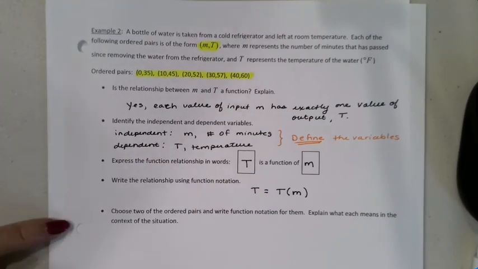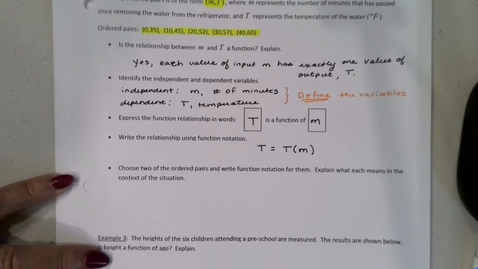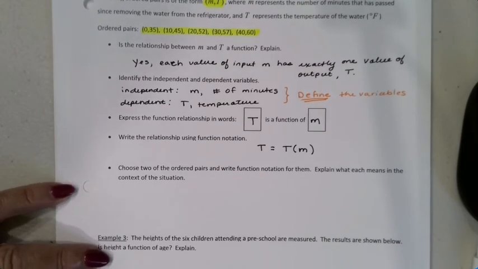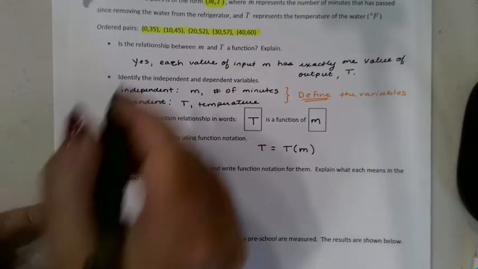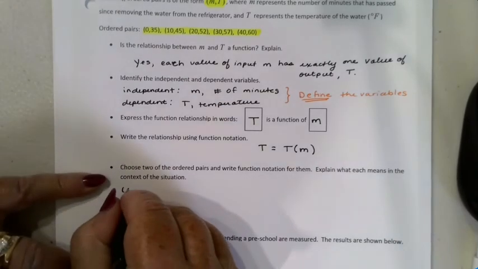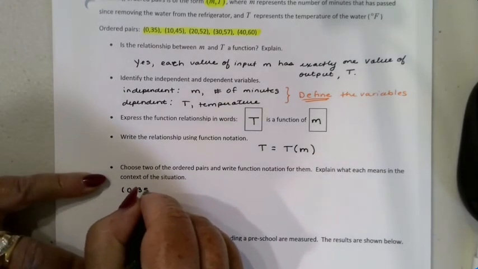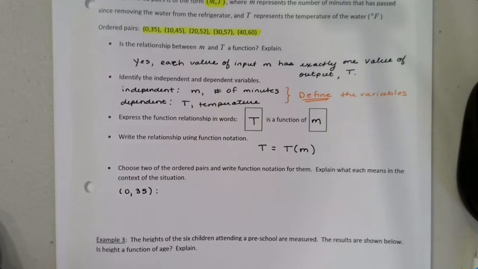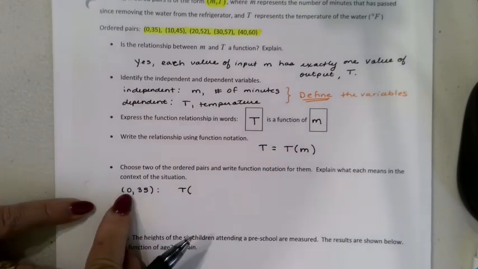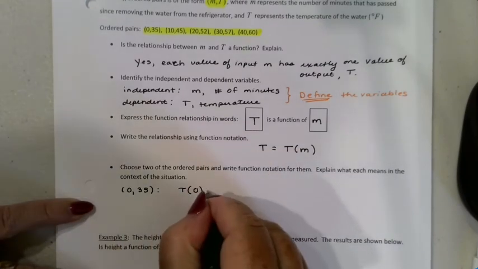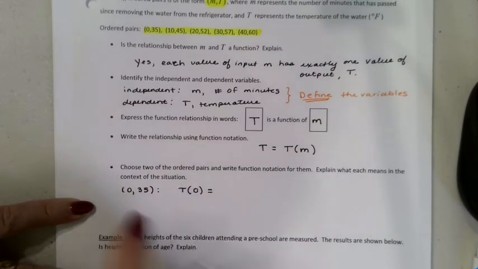All right, it then just says choose two of these ordered pairs and write function notation for them and explain what they mean in the context of the situation. So I'm going to start with the 0, 35. I could say t of the input 0 is equal to the output 35.